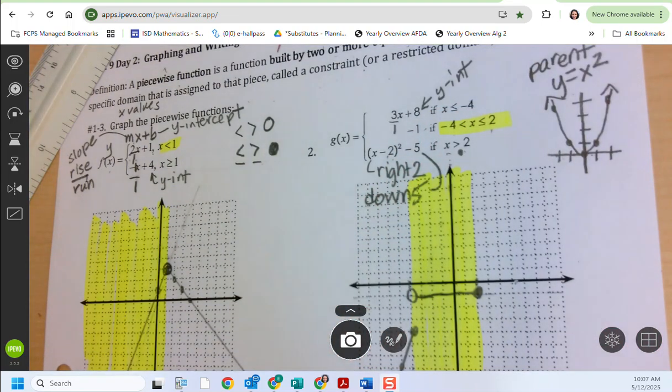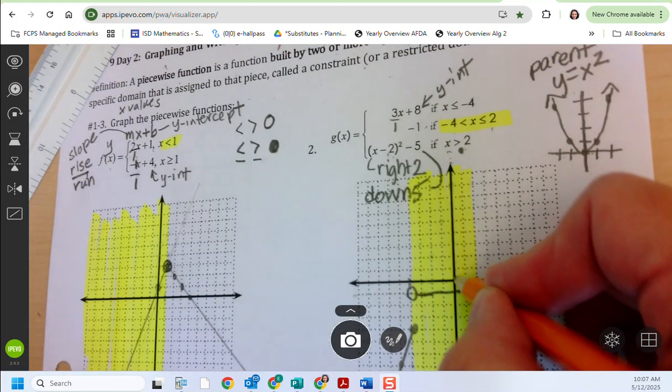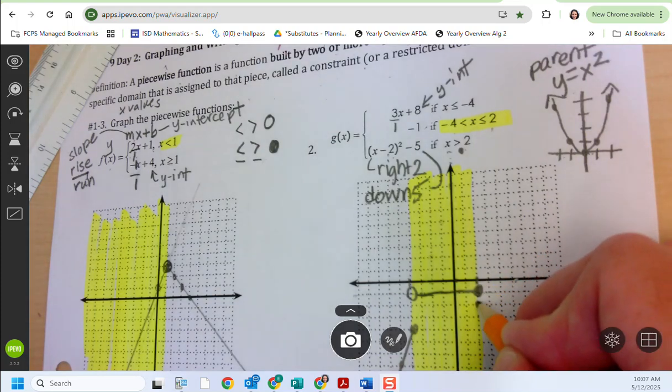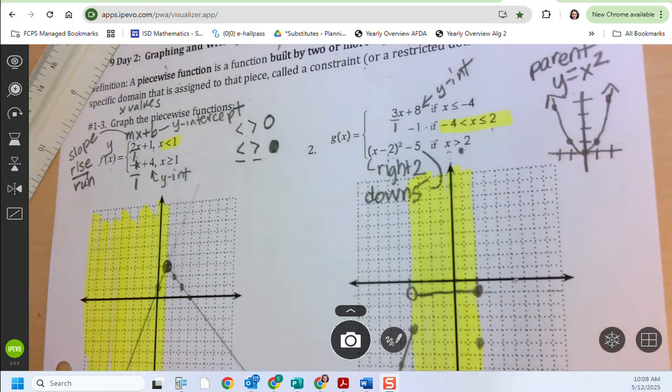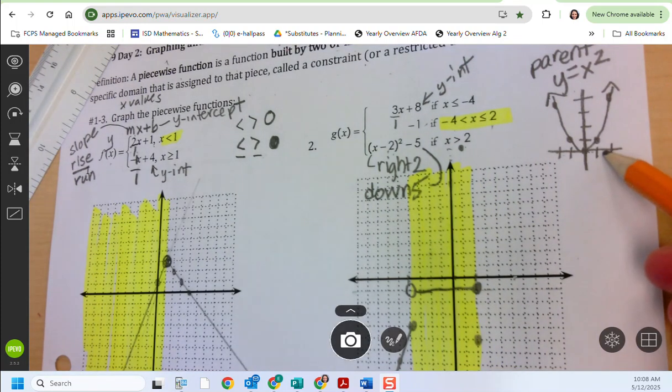Right 2, down 5. So we're going to take our vertex. The parent function has the vertex at 0, 0. So I go to 0, 0. And I go right 2, and I go down 5. 1, 2, 3, 4, 5. Make my vertex. And then I follow the pattern of the parent function.